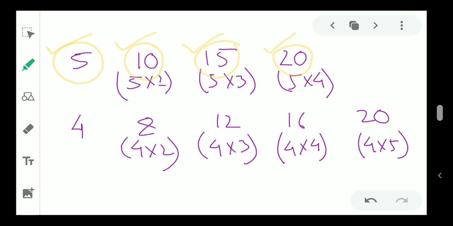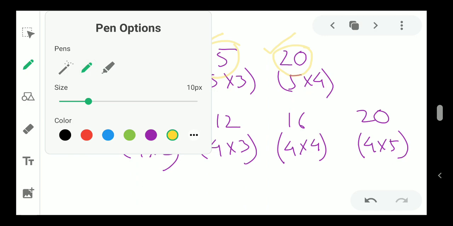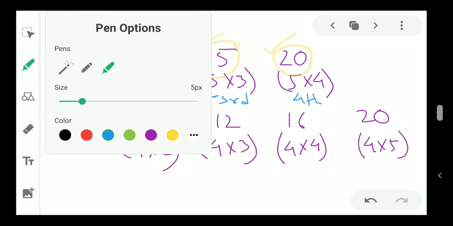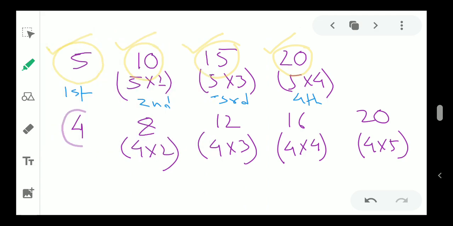So if 5 is the first multiple, then it will be the second multiple, the third multiple, the fourth multiple. Similarly, this is the fourth multiple.